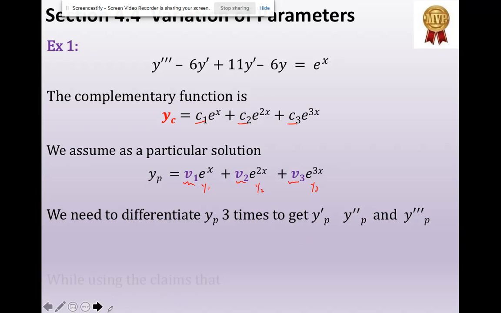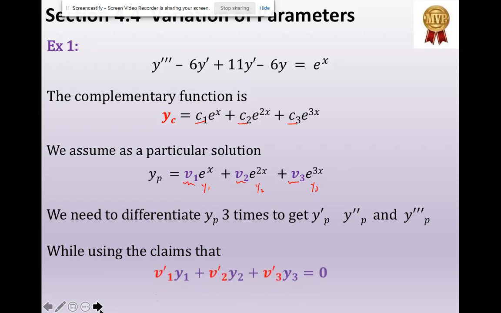When we were solving a 2 by 2 system, we needed to make 1 claim. Here we have to make 2 claims. Again, when we differentiate, we're going to get a bunch of product rules. We're going to get some things to cancel out. We're going to get some things to combine. We are also going to have one piece of the derivatives where we have our y1, y2, and y3 all with derivatives of their v's.